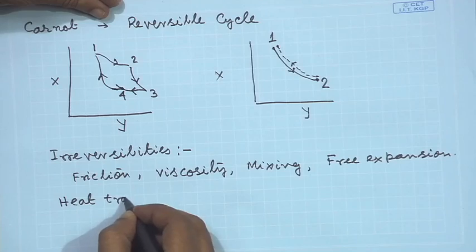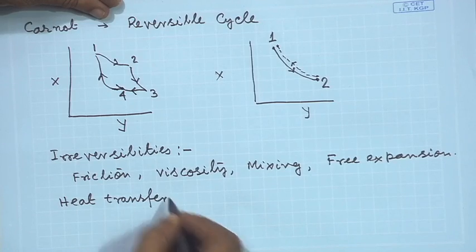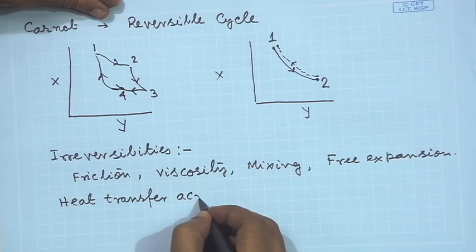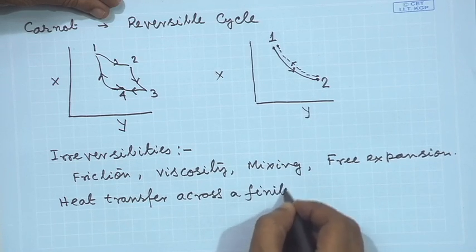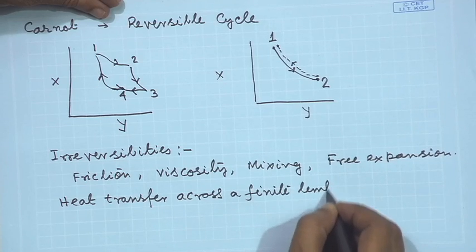But these are generally inside the system. Some irreversibilities are there when there is interaction between the system and the surrounding. That is heat transfer, and more correctly heat transfer across a finite temperature difference.